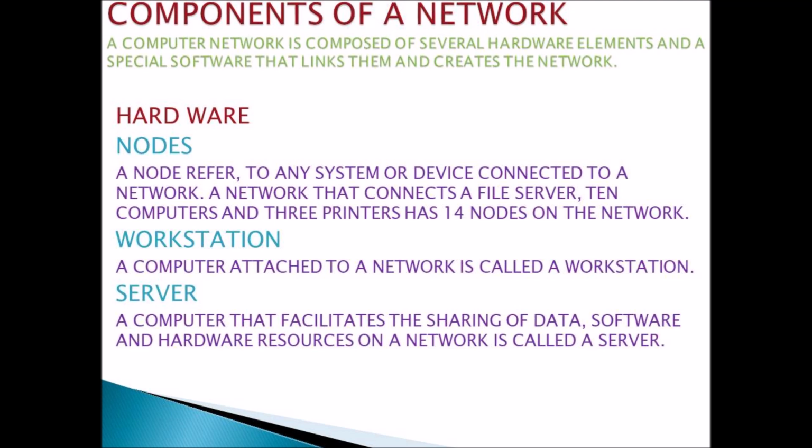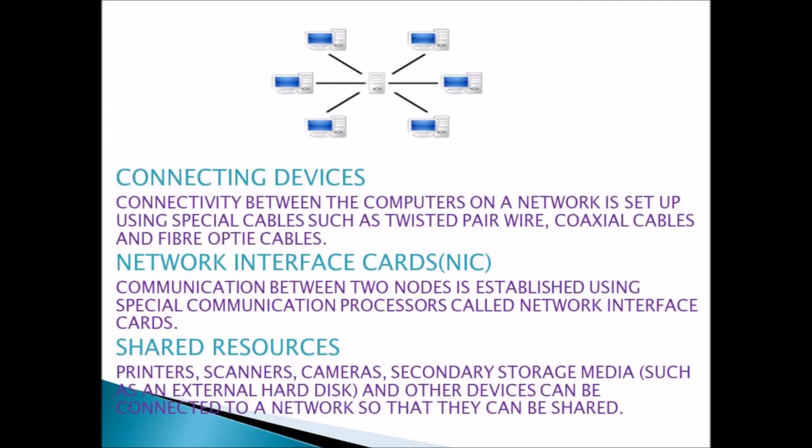The next one is connecting devices. The nodes, workstation, and server must be connected with the help of some devices, and that device we call a connecting device. Connections between the computers on a network are set up using special cables.